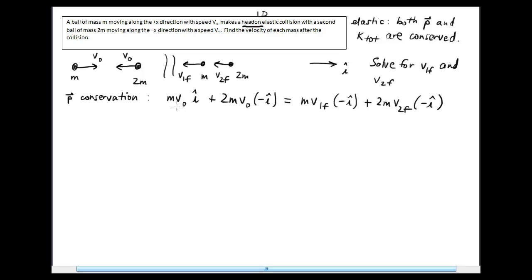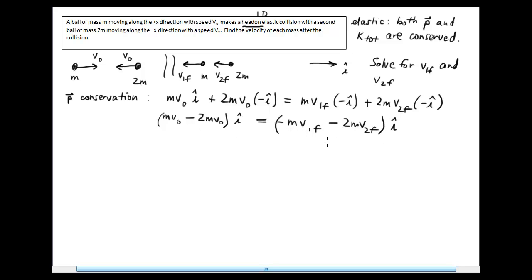So I can simplify this, because if I factor out the I hat, on the left I've got m v0 minus 2m v0 times the I hat unit vector, and on the right hand side I will have negative m v1f plus 2m v2f times the I hat unit vector.